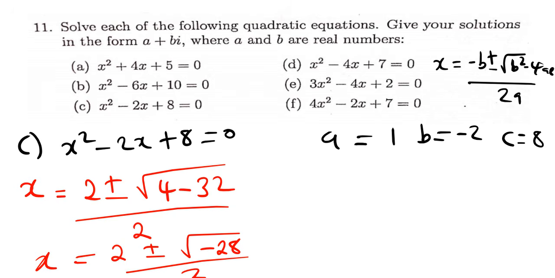Okay, basically that. Then for negative 28, since it doesn't have a perfect square, we break it down: 2 into 28, 2 into 2 is 1, 2 into 8 is 4.